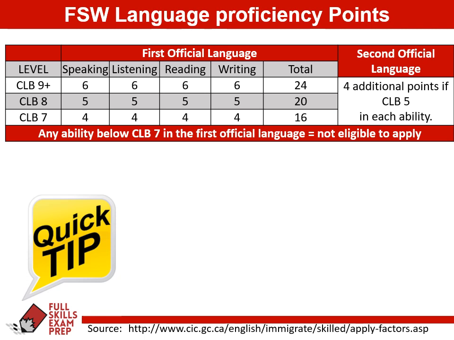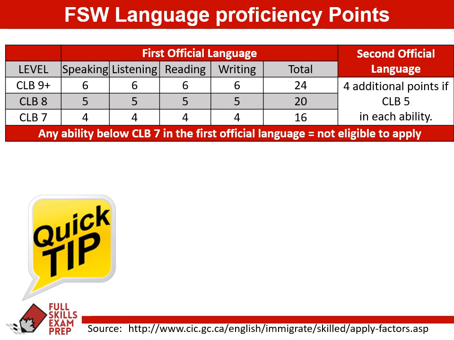And then you have this subdivided into each factor of the exam. So you have speaking, listening, reading, and writing, and a total. Remember that any score that goes below a CLB 7 in the first official language means that a person is not eligible to apply under the Federal Skilled Worker Program. So they wouldn't meet the minimum requirements in this.